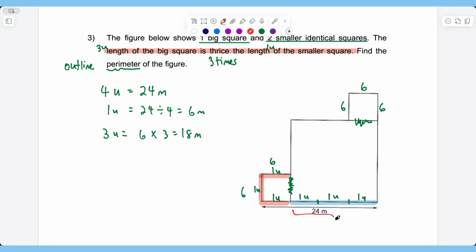So over here is 18 meters. This is 1 unit, so this part is 6 meters. If one side of the big square is 18, this side here will also be 18.